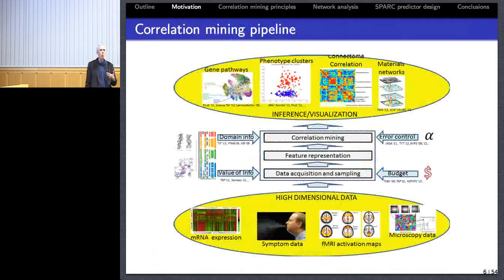All right, so what is correlation mining? Correlation mining is taking data which is very high dimension, like mRNA expression, or maybe various types of symptoms under different conditions in a respiratory viral challenge study with different viruses, or maybe activation maps if you're doing a functional MRI study of particular types of connectome differences that occur under 2 or 3 different treatments.